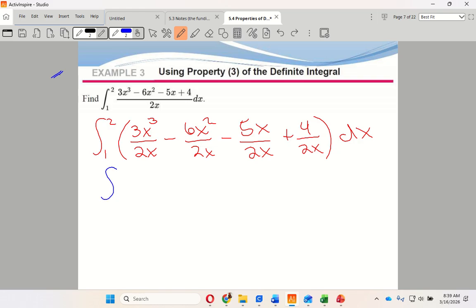So still integration from 1 to 2 of 3 over 2x squared minus 3x minus 5 over 2 plus 2 over x dx.